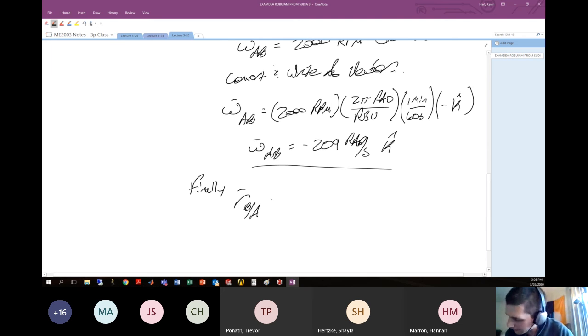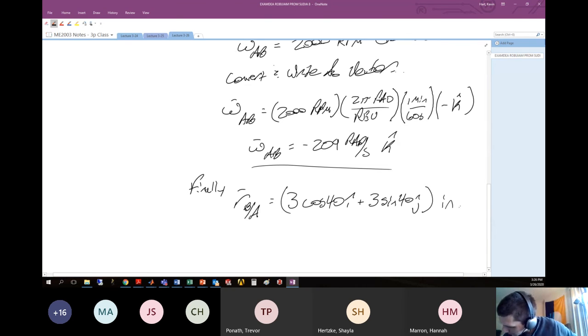We can just say that the position vector locating B from A is simply going to be 3 times the cosine of 40 degrees in i hat plus 3 times the sine of 40 degrees in j hat, and the units here are inches.